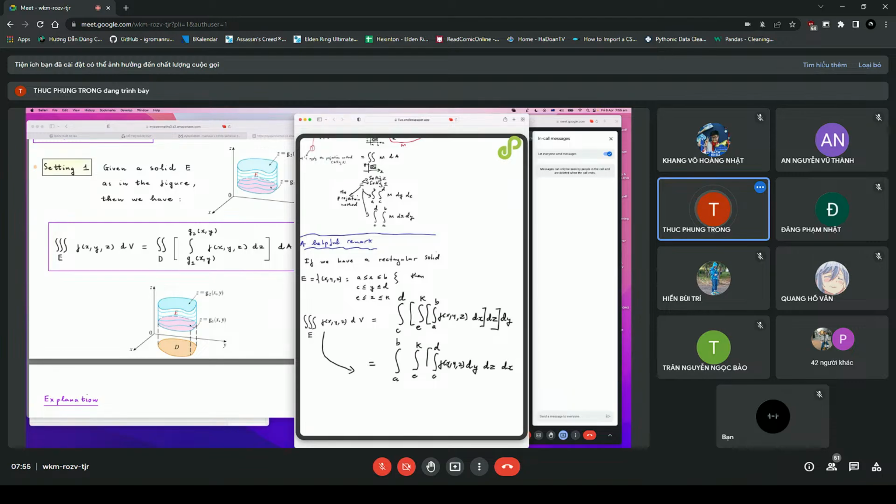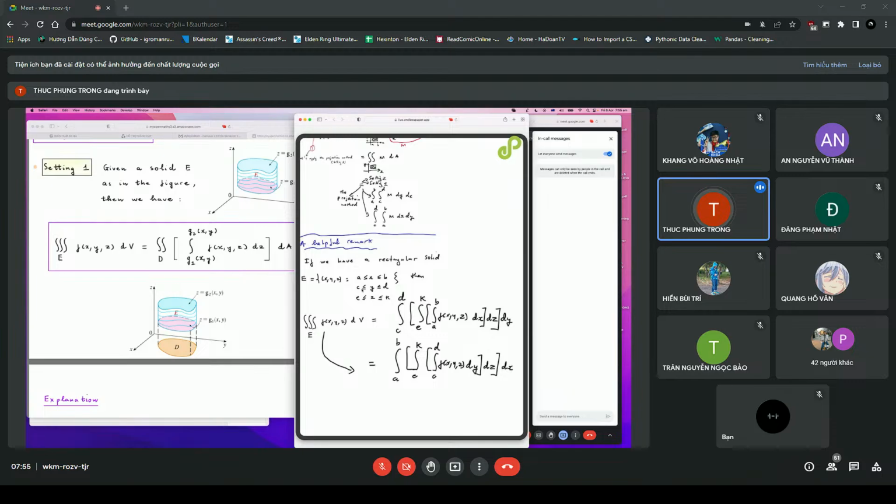We have many different orders. I think we have 3 factorial, so we have 6 different orders. So you can go in any order. The only thing you need to pay attention to is the domain we have for each variable, right? So if we had ds right here, it should be from A to B, not from C to D or E to K. That's the only thing you need to pay attention to.